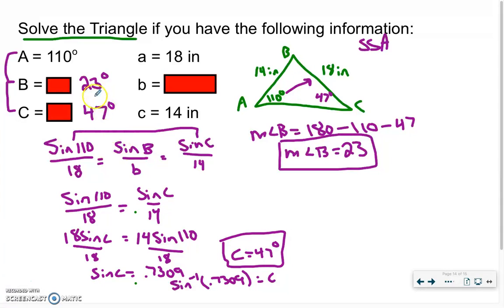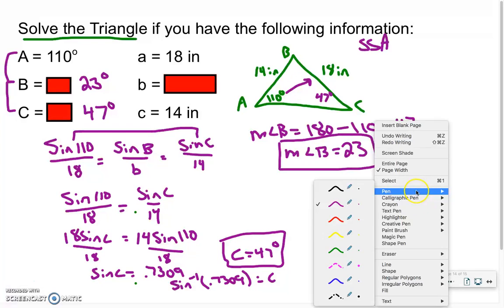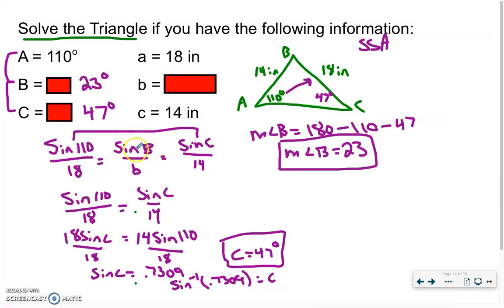Now that we have the angle B, we can go back to our law of sines formula, and we can realize that, okay, now I've got B, so I can rewrite that as sine 23 over b. I'm plugging in the value that we just found for the angle, missing the respective side.